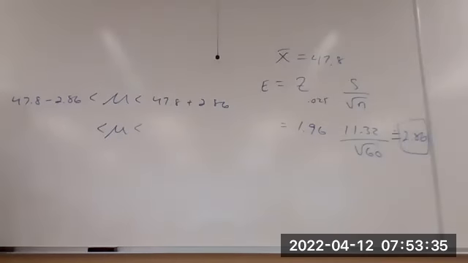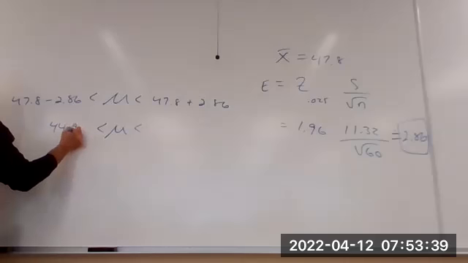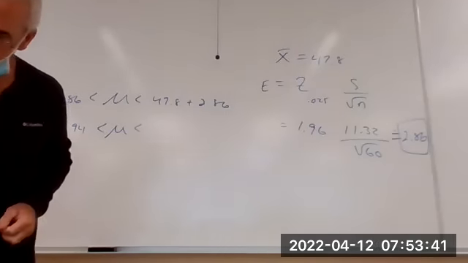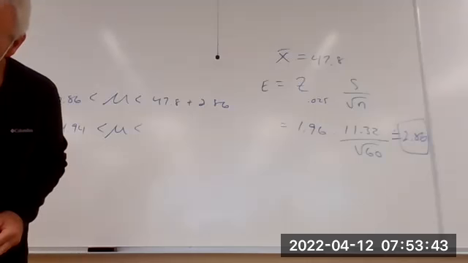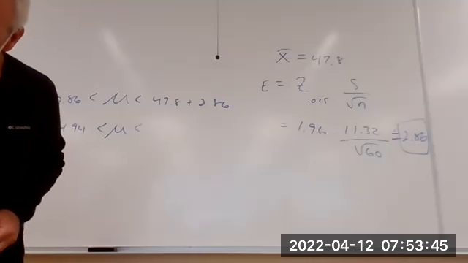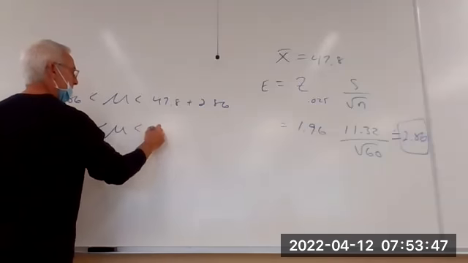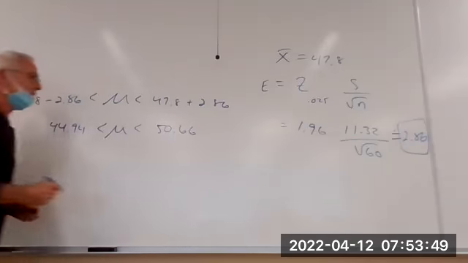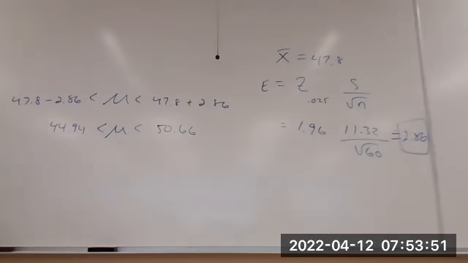You got a number? 44.94 at one end. And 50.66.